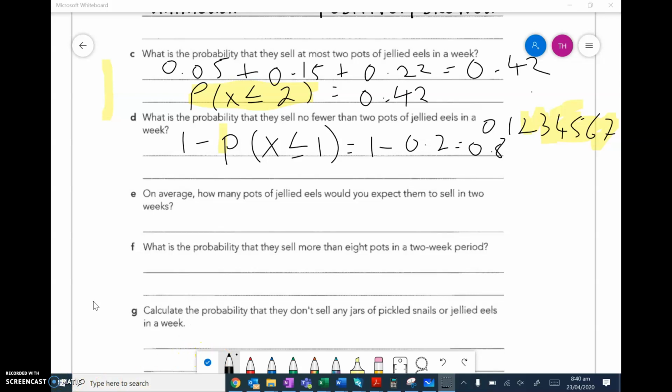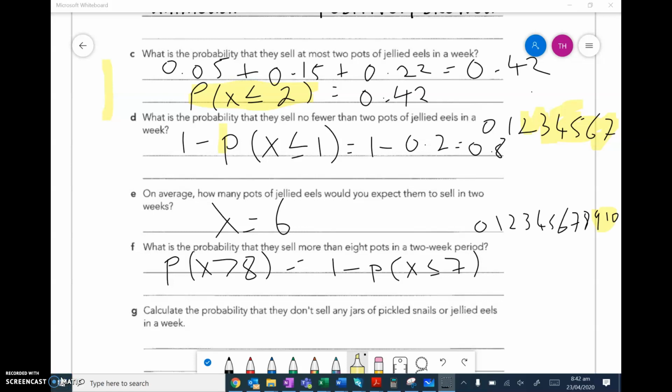Okay. It says on average, how many pots would you expect them to sell in 2 weeks? So in 1 week they sell 3, so in 2 weeks they're going to sell double that, 6. Now for F, you're going to have to go back into your calculator. You can't use your graph. You want the probability that X is greater than 8 equals 1 minus the probability that X is less than or equal to 8, not 7.